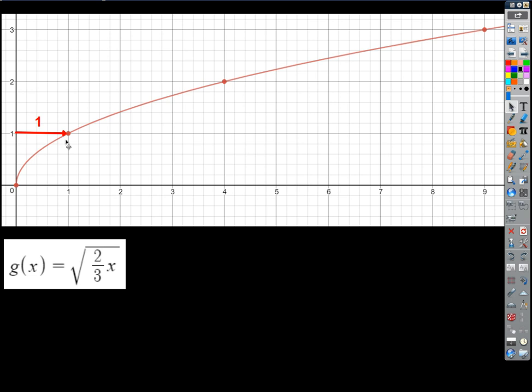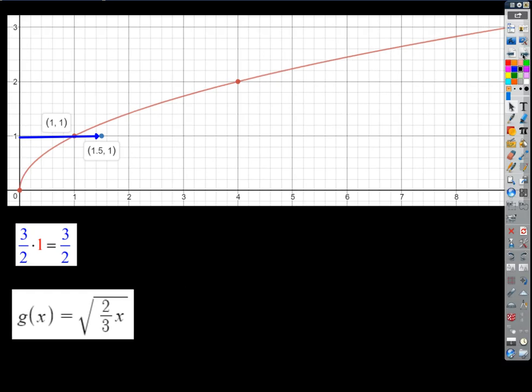So if this distance is 1, we're just going to multiply that by 3/2 and get an answer of 3/2. So the horizontal distance is going to change from 1 to 1.5. Okay? So that point gets pushed to the right, which makes sense. The vertex is going to stay put though, right? So all these points are just going to get stretched away from the vertex, or the initial point, I guess we should call it.